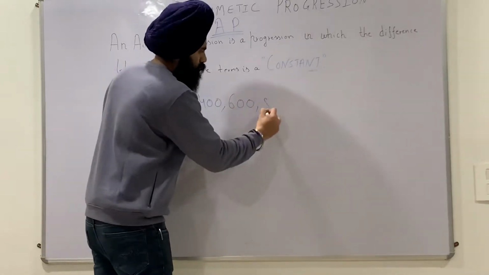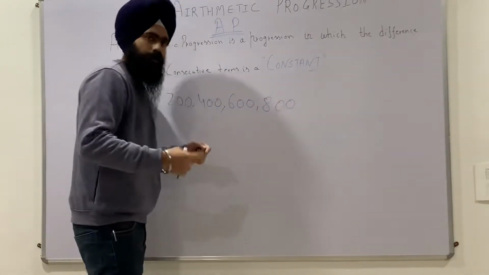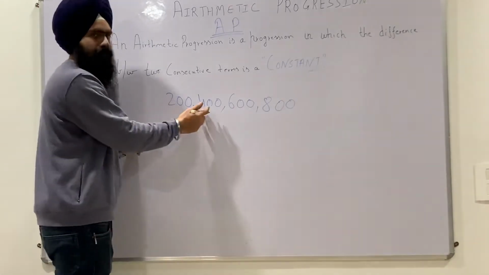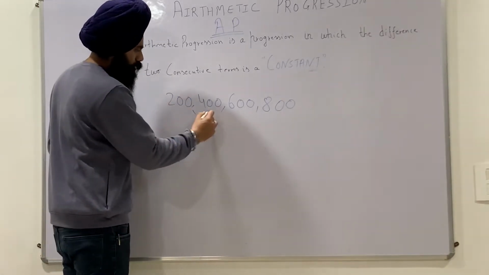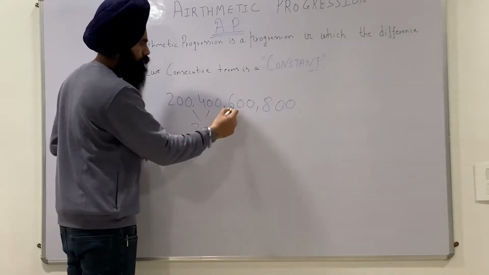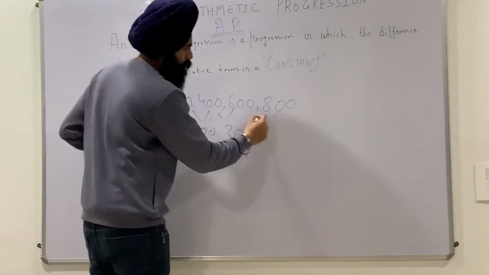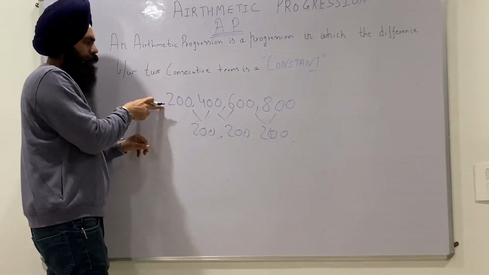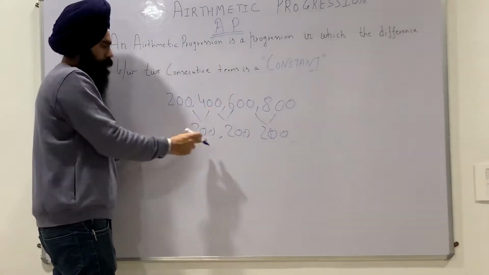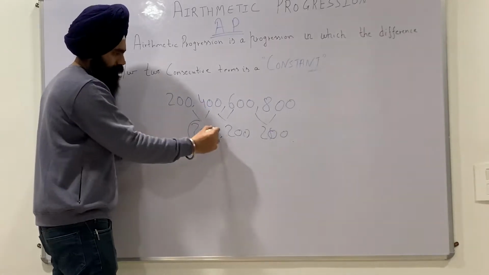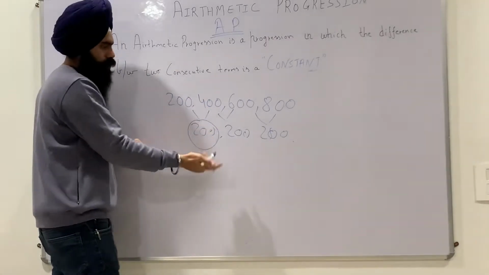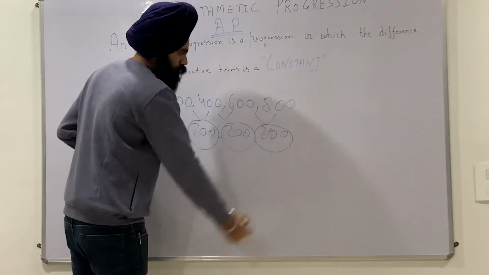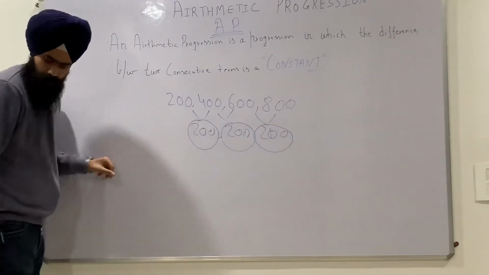Like this, he adds 200 rupees to your pocket money. Now see the difference: 400 minus 200 is 200, 600 minus 400 is 200. In this AP, your pocket money is increasing, but the difference between two consecutive terms is constant, 200 rupees. So we can say this is an AP.